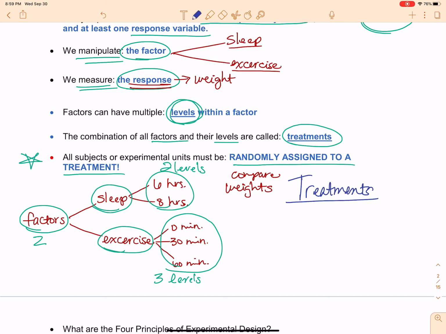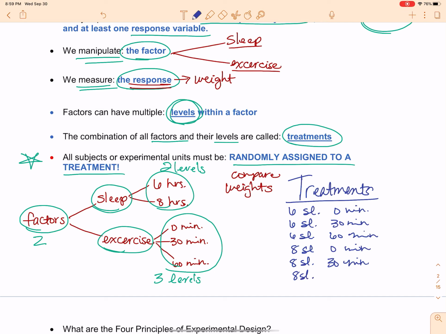I can either have 6 hours of sleep and 0 minutes of exercise, or 6 hours of sleep and 30 minutes of exercise, 6 hours of sleep and 60 minutes of exercise, 8 hours of sleep and 0 minutes of exercise, 8 hours of sleep and 30 minutes, and 8 hours of sleep and 60 minutes of exercise.